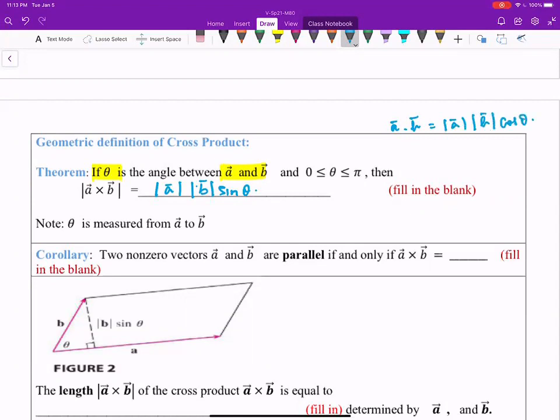Now, for cross product, it is length of A times length of B times sine of the angle between the two vectors.